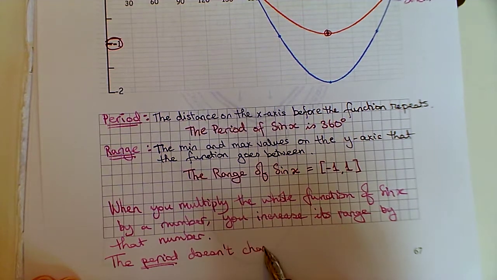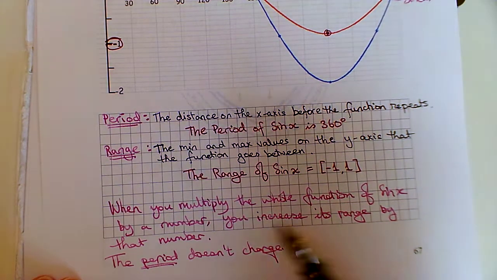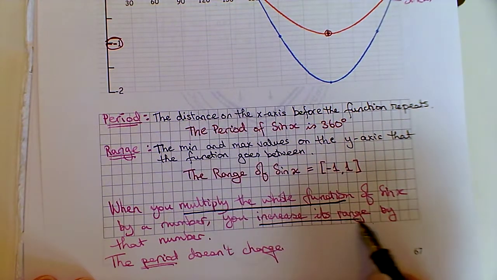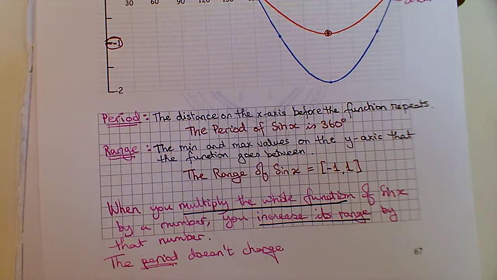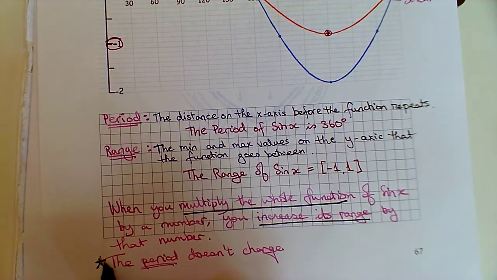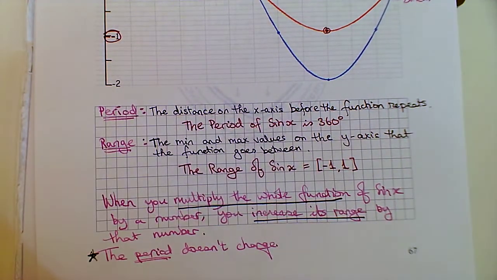Okay, so multiplying the whole function changes the range. Of course, if I multiplied by a fraction, I would decrease the range. I would shrink it, and this is important. The period doesn't change. So the period is going to change when we multiply the angle, and we'll be looking at that tomorrow.